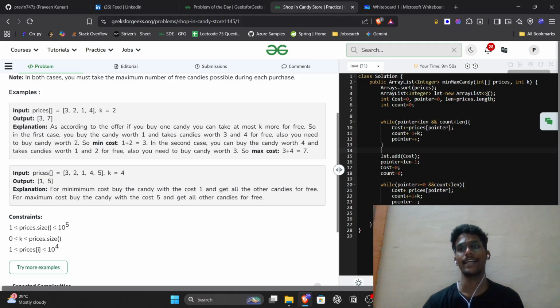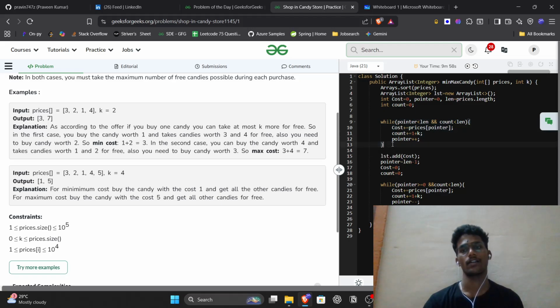Len indicates the length of the array prices and count equal to 0, while pointer less than len and count less than len, which means I try to collect this one, this one, this one, this one, and as long as I have remaining candies in that shop, I'm trying to continue my purchase. If I collect all the candies from that shop, I'm exiting.